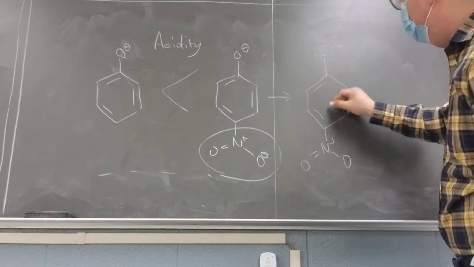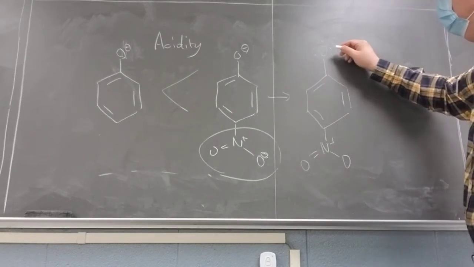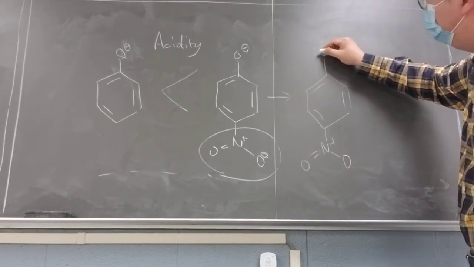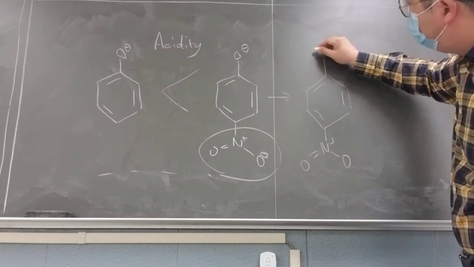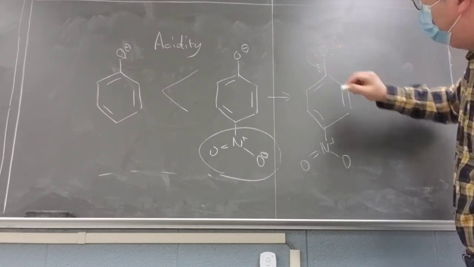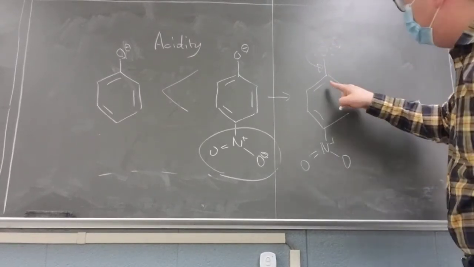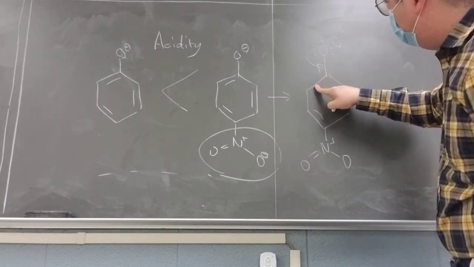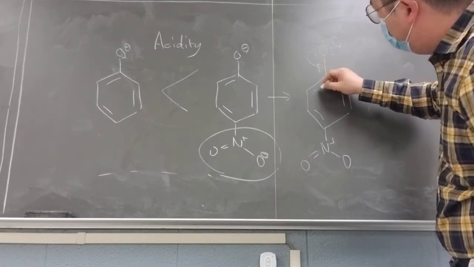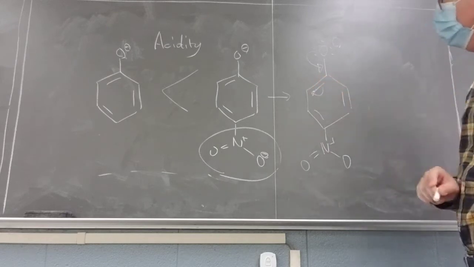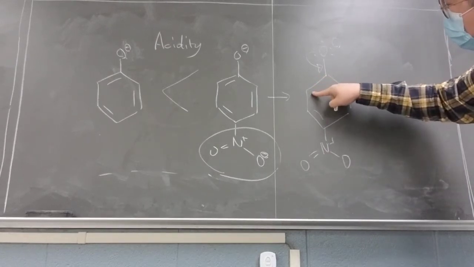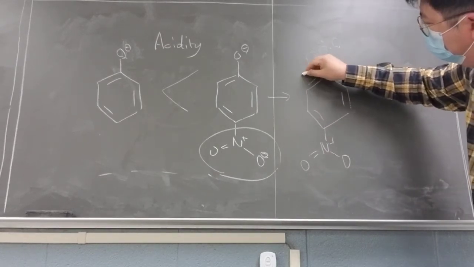So if you have this one over here, what they can do is move a lone pair of electrons down here. This pair of electrons here will go to here. So you see, the pair of electrons here will go here.